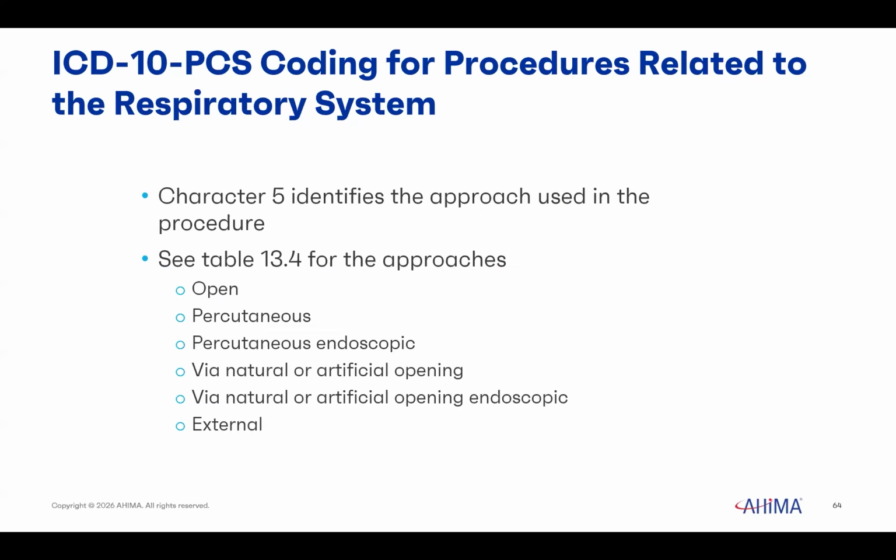Percutaneous and open. If a scope is used, your approach is almost always going to be endoscopic. And again, you may want to review those approach definitions that you saw earlier in the text near the beginning of the course.